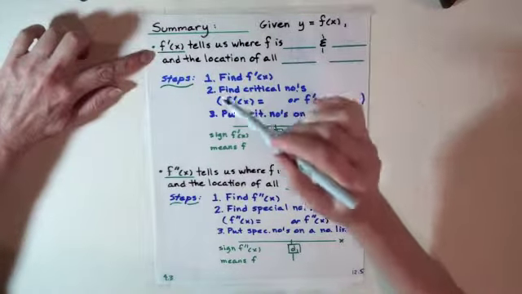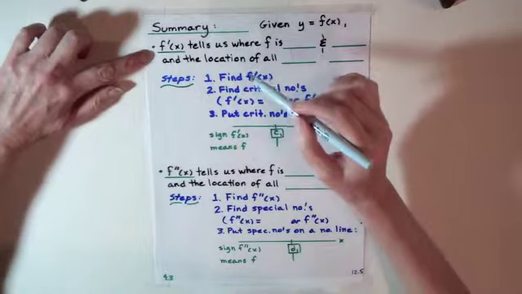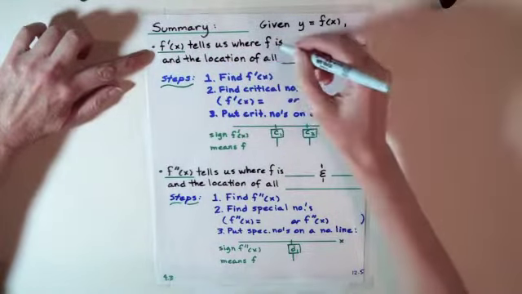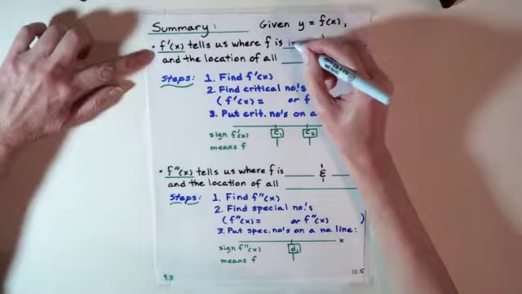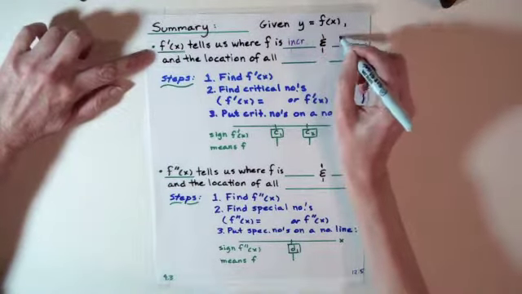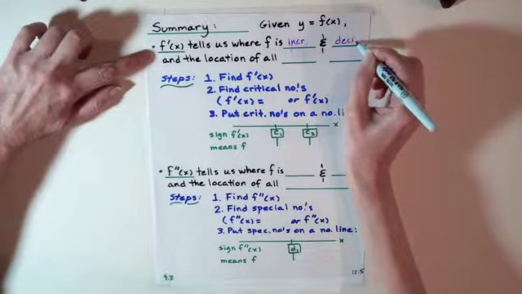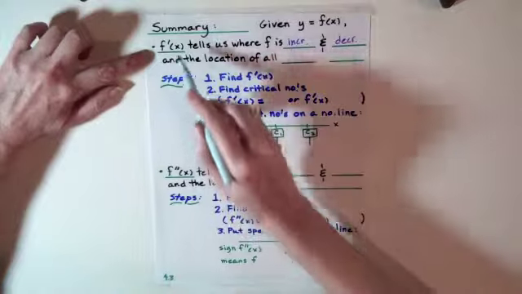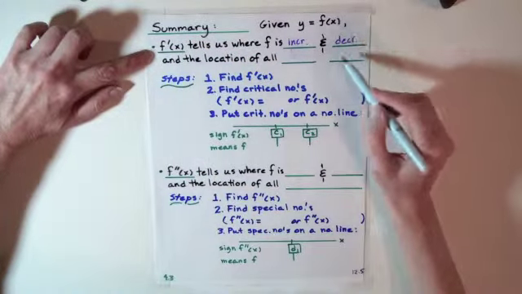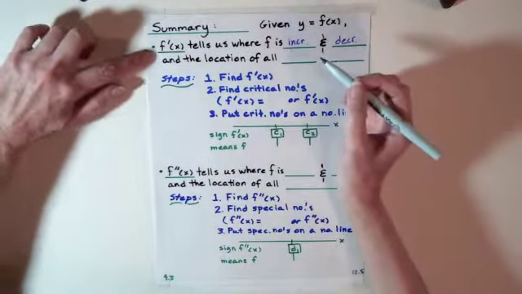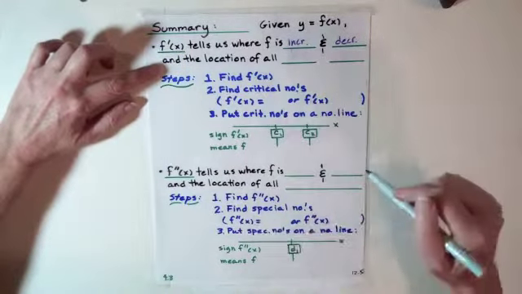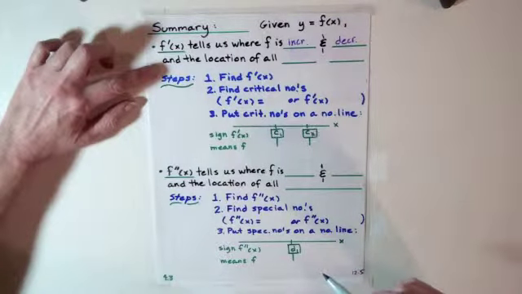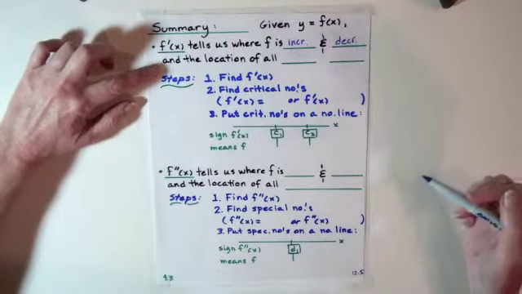Let's remember what f prime of x, the first derivative, tells us about the graph of f. Remember, f prime tells us where the function is increasing and decreasing. Specifically, we said if the sign of f prime is positive, then f is increasing. If the sign of f prime is negative, then f is decreasing. It also tells us the location of the transition points, points between f increasing and decreasing, or decreasing and increasing.